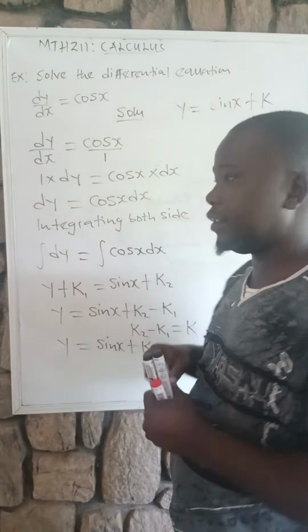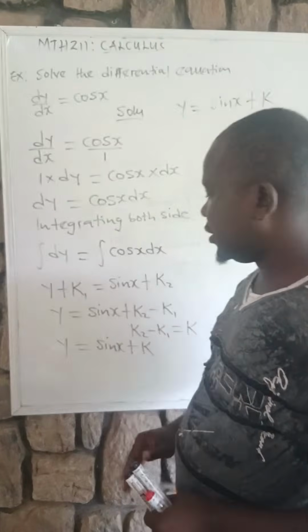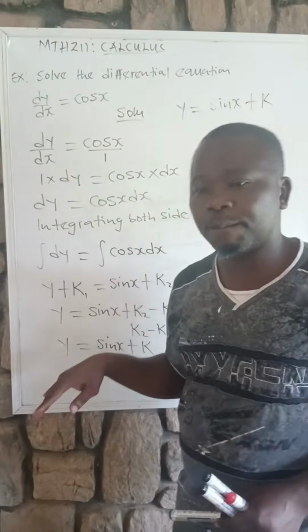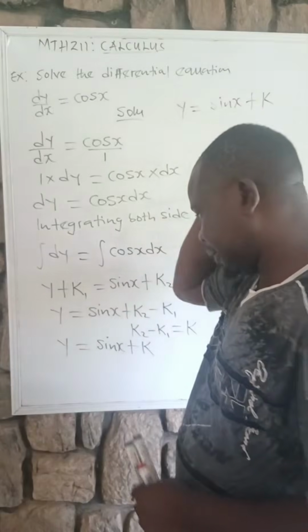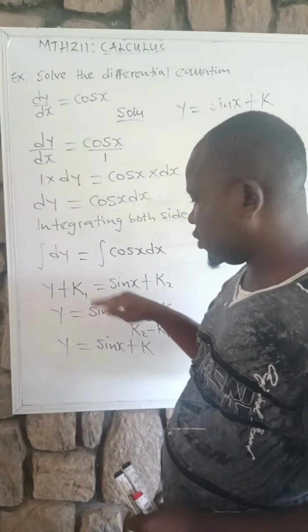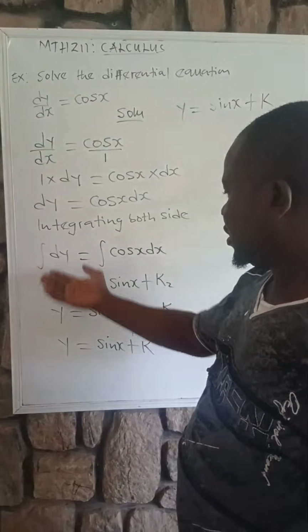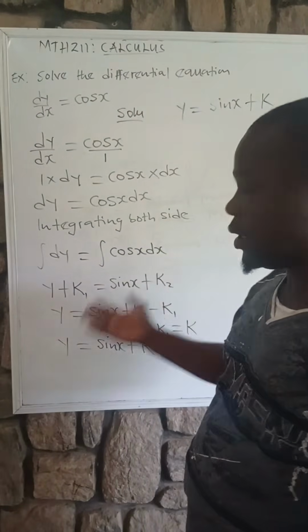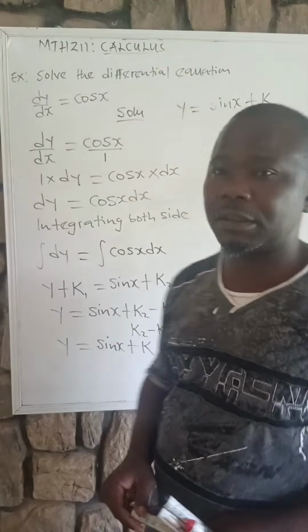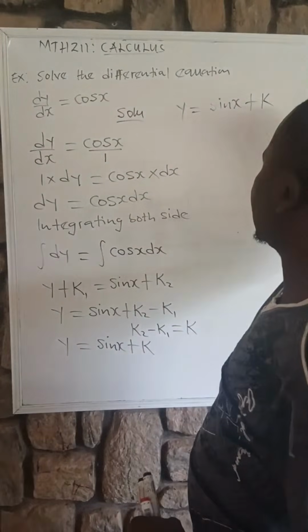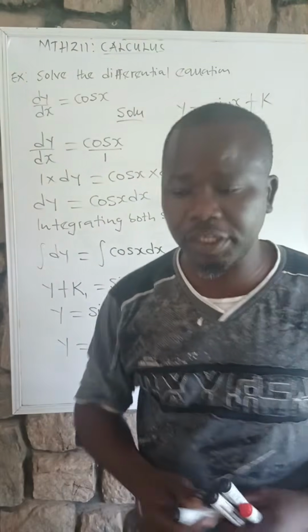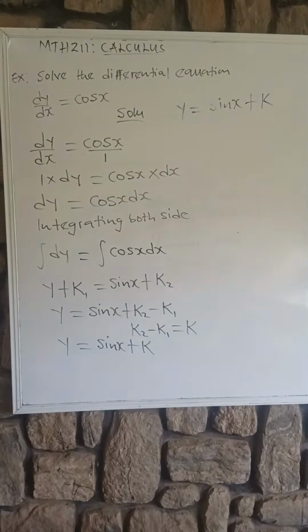I'm just trying to explain it in depth so that whenever you open a textbook and come across something like this, you won't be surprised why some textbooks will just give you the straight answer. Is there any question? Please ask.